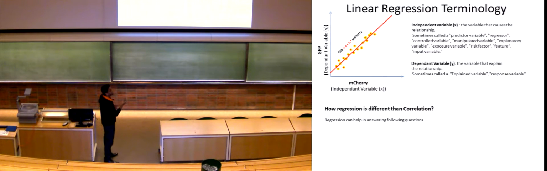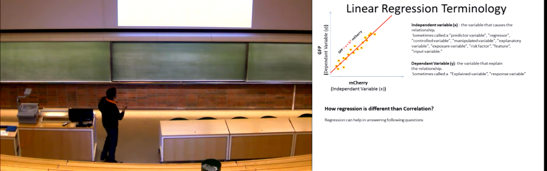The independent variable in the literature is the variable that causes the relationship. Sometimes it is called a predictor variable, regressor, control variable, manipulated variable, explanatory variable, exposure variable, risk factor, feature, or input variable. And the dependent variable is the variable that explains the relationship. Sometimes it's called the explained variable or response variable. It's also called the output variable.